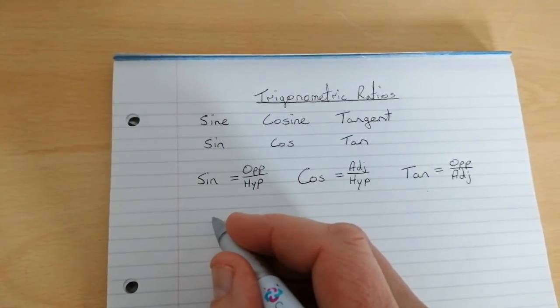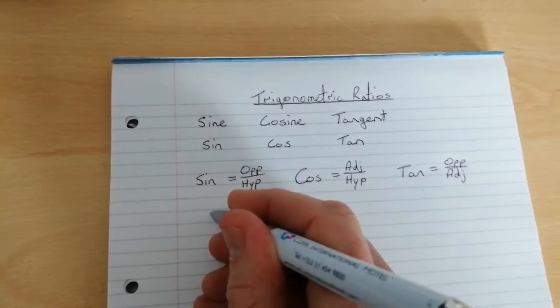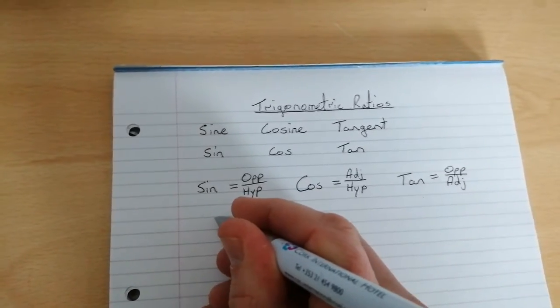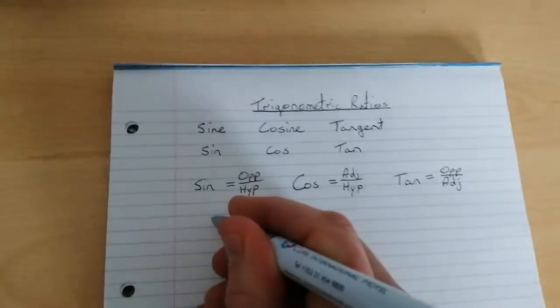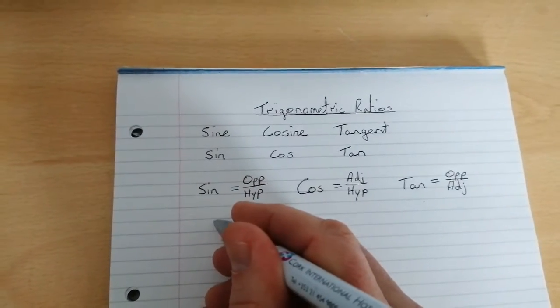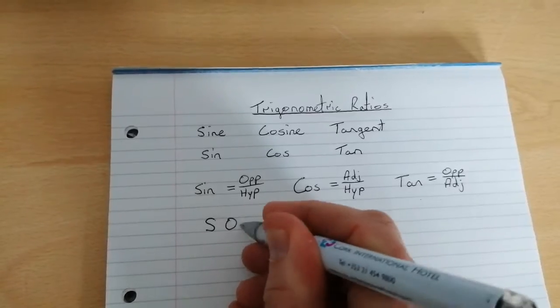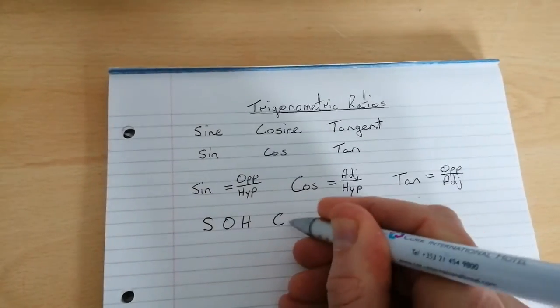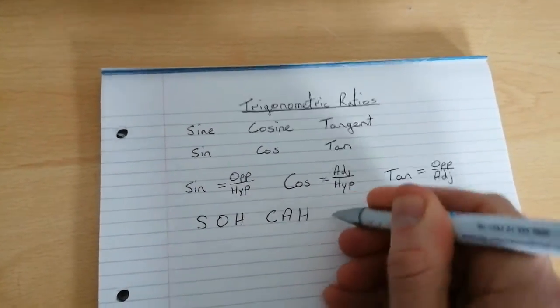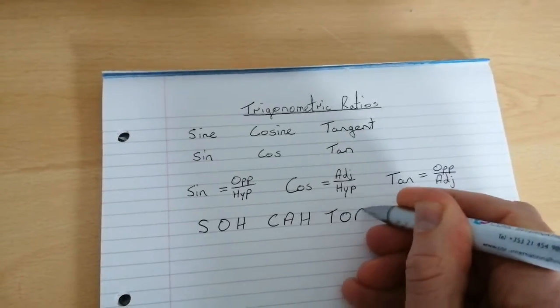And the mnemonic we use for learning it off by heart, it might not seem like a great mnemonic to start with, but you will see this all over the internet in particular if you ever look up trigonometry in future. But it's this: SOHCAHTOA.